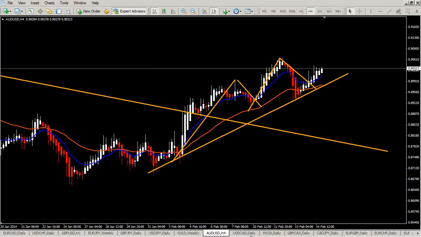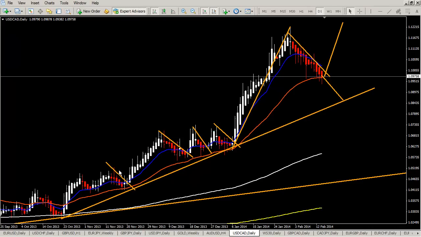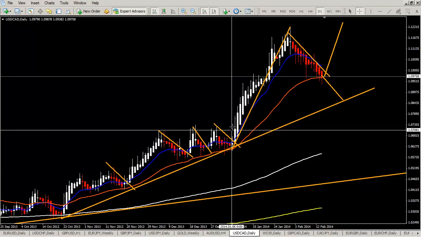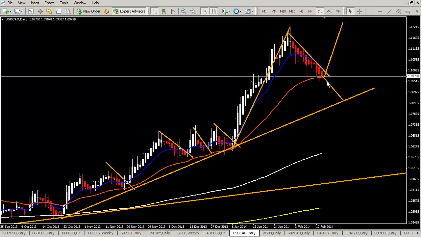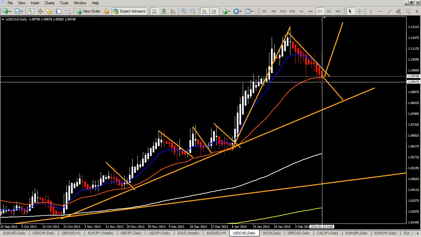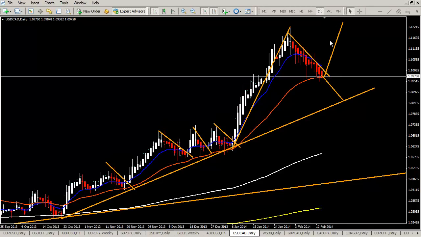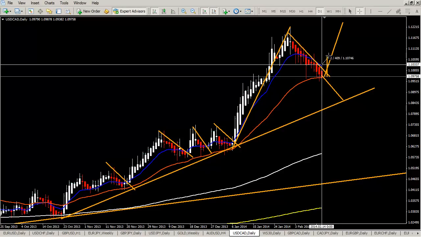USD/CAD is still long. We had a lot of entries. Now it retraced nicely and is sitting on the 36 EMA. So if it breaks, day traders would target this line after good setups. Long traders and swing traders would look for a green candle here that breaks this line, and then it would go long to target the high here.